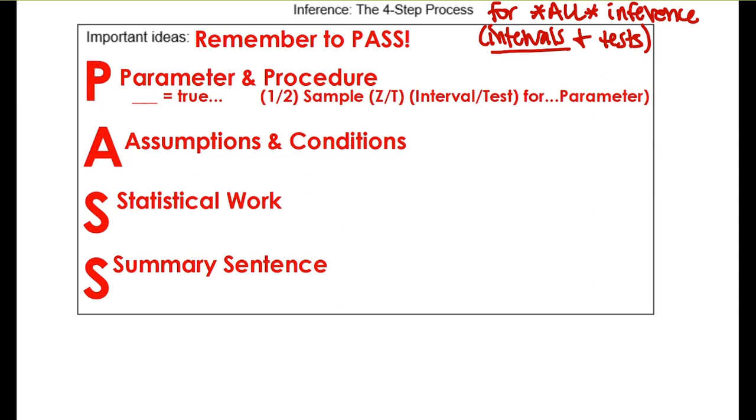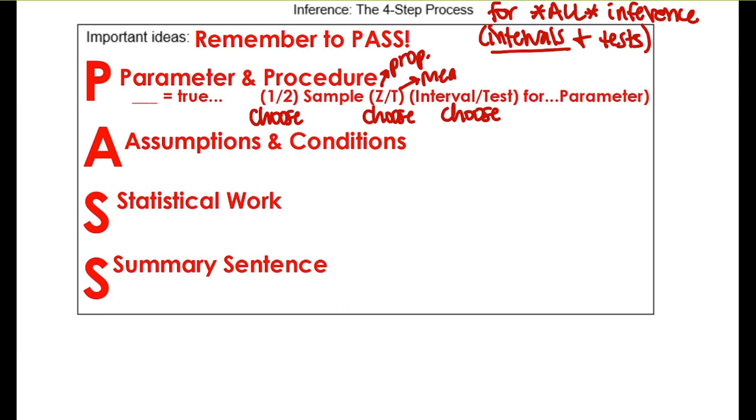But for your procedure name, we only have 1 or 2 samples. You'll choose. And then you'll choose there. And then here you insert the parameter. A couple of things about that. Z is for proportions. T is for means.